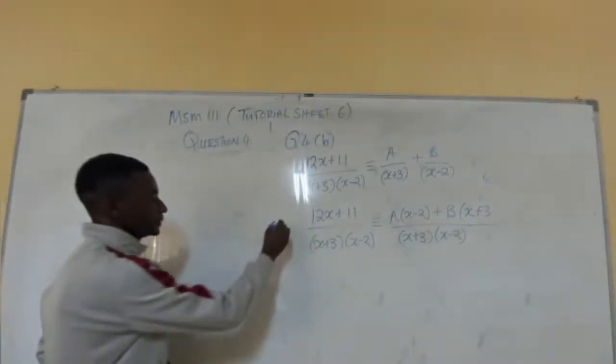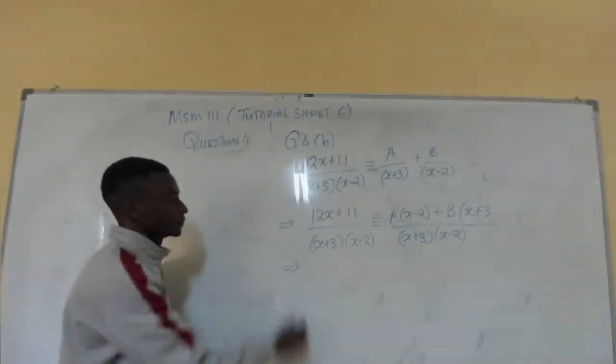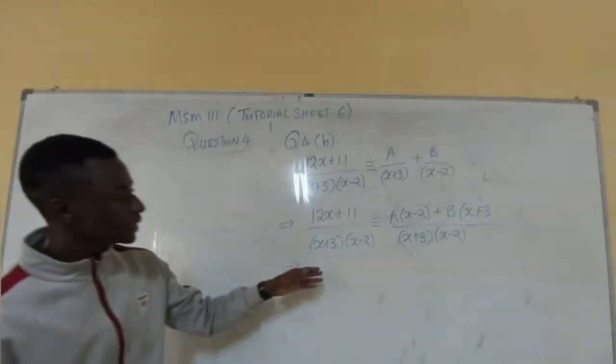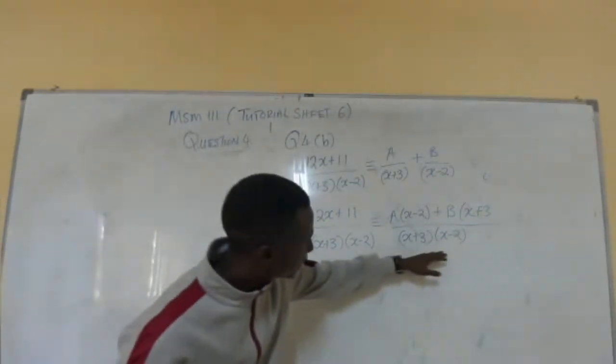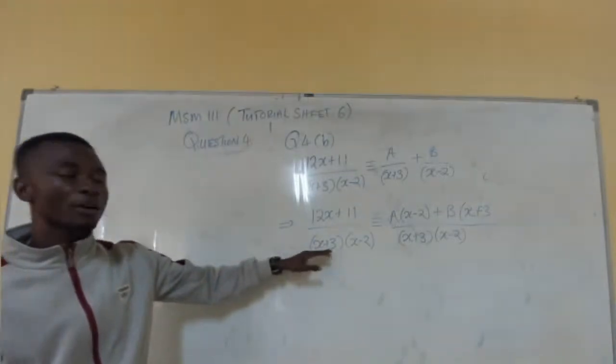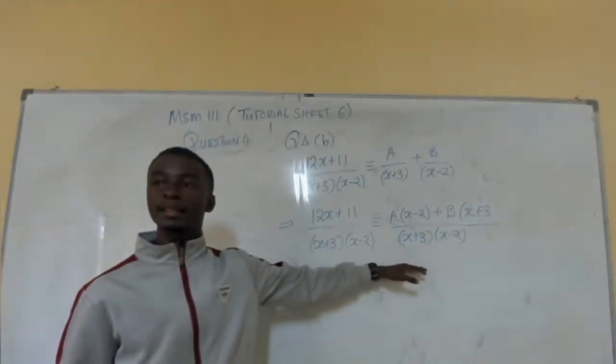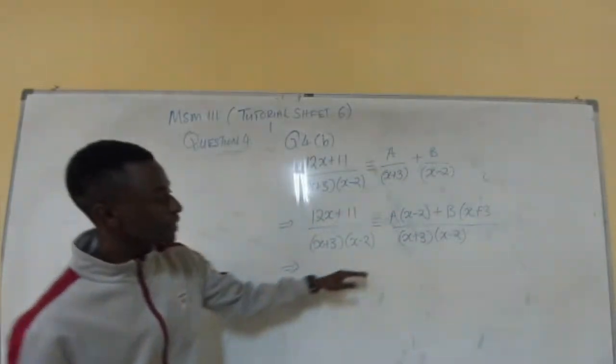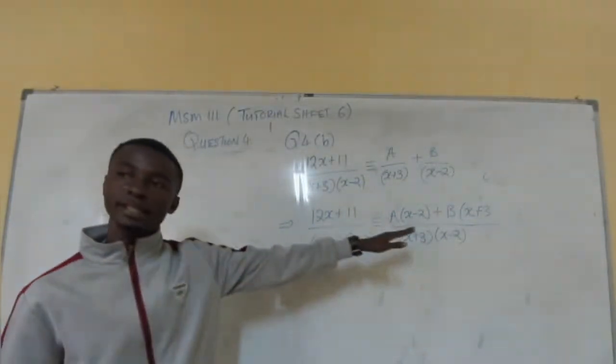So from there, we are not done. We're still solving. We have same denominators here. So now forget about the denominators, concentrate on the numerators. If you have same denominators here, equate the numerators.